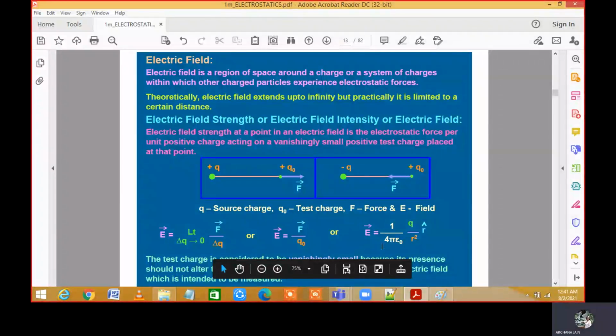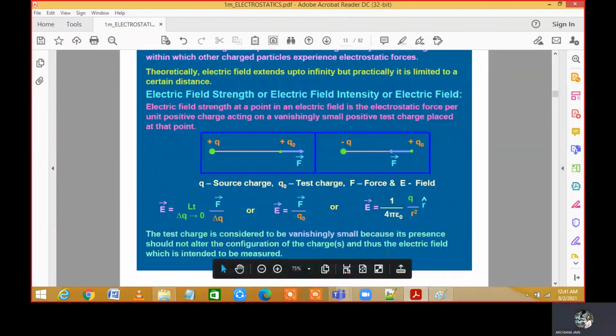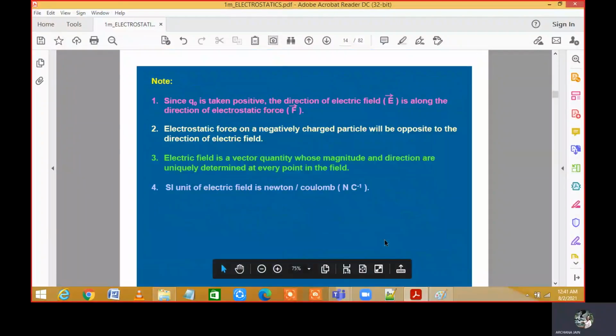If we take Q naught is equal to 1, then the value of the electric field is equal to electrostatic force. The test charge is considered to be vanishingly small because its presence should not alter the configuration of the charges, and thus the electric field is intended to be measured.